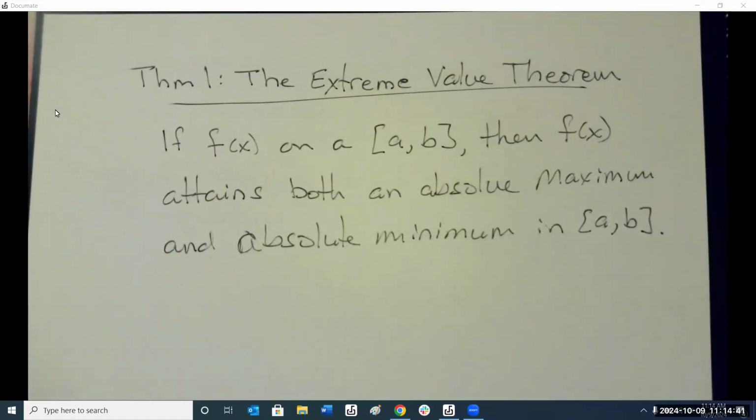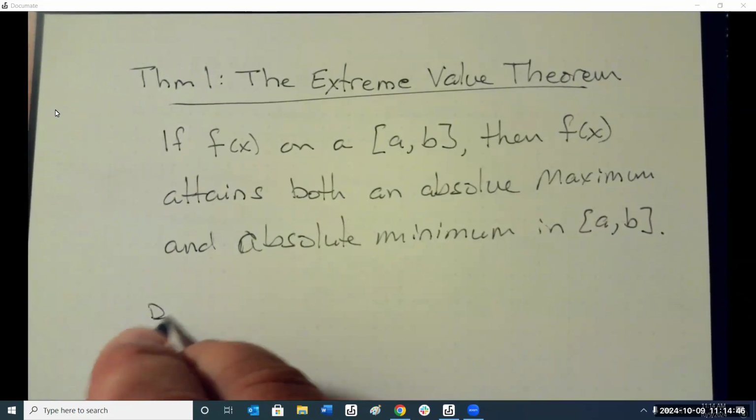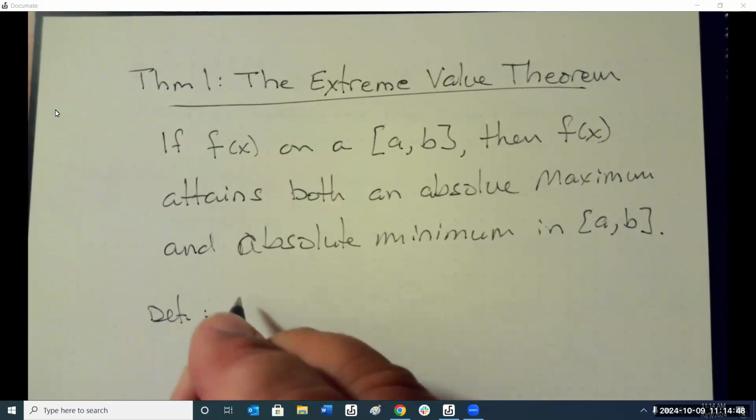Now, how do we know if something's a maximum or minimum? Definition.